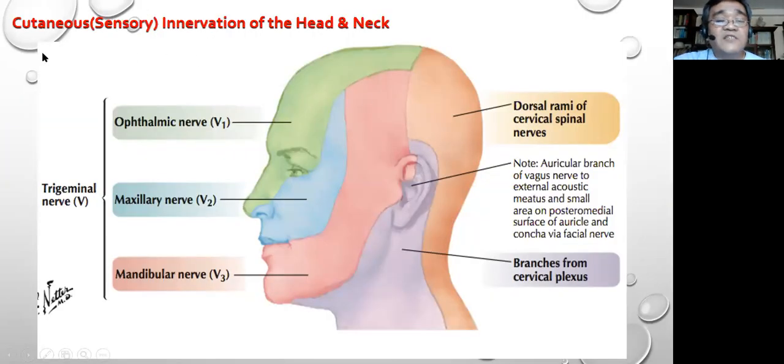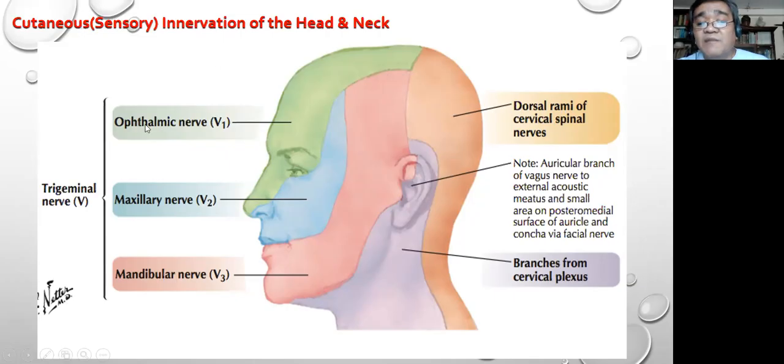How about sensory innervation? We talked already about arterial supply and venous drainage. What innervates the head and neck region? For the facial region, the cutaneous sensory innervation is served by your trigeminal nerve, the fifth cranial nerve, via its three divisions.